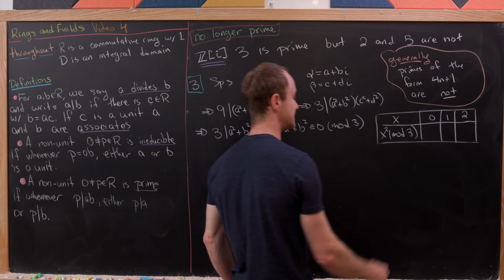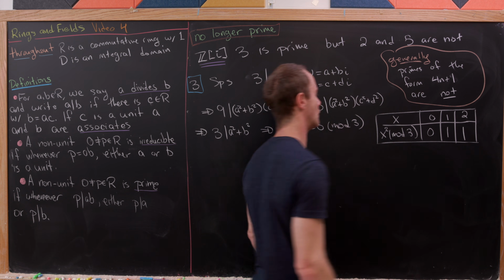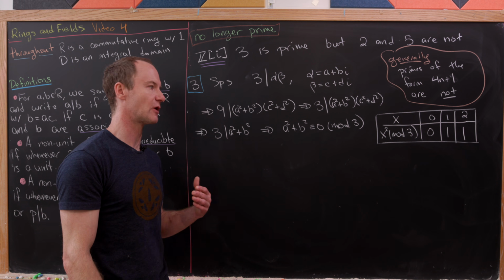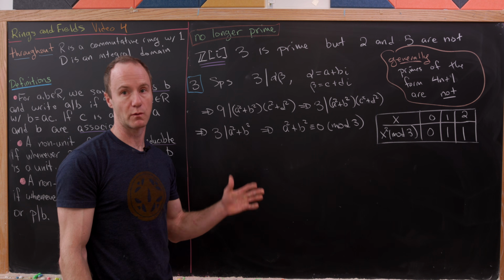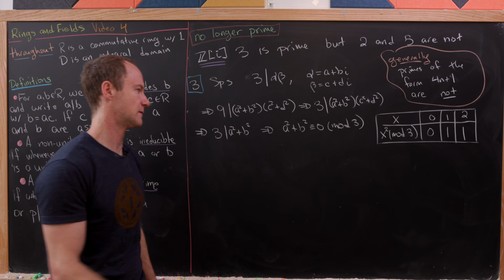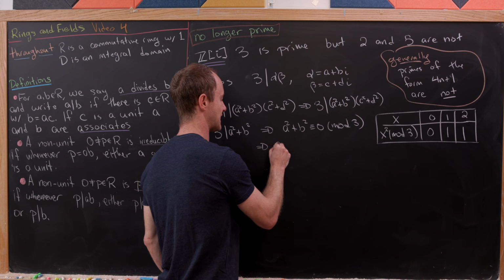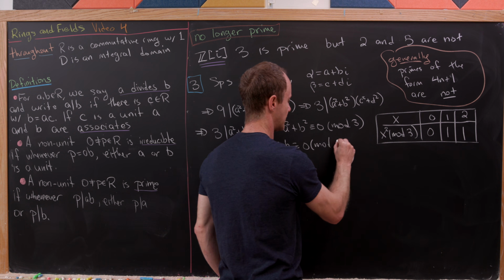So if we square 0, we get 0. If we square 1, we get 1. If we square 2, we get 4, which is 1. Notice there's no way to add two perfect squares and get 0 unless they are both 0 mod 3. Notice 0 plus 1 is 1, and 1 plus 1 is 2. Those are not 0. So that tells us that a squared and b squared are both 0 mod 3, but that means that a and b are both 0 mod 3.